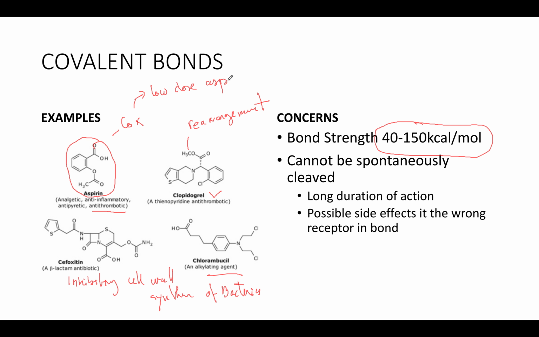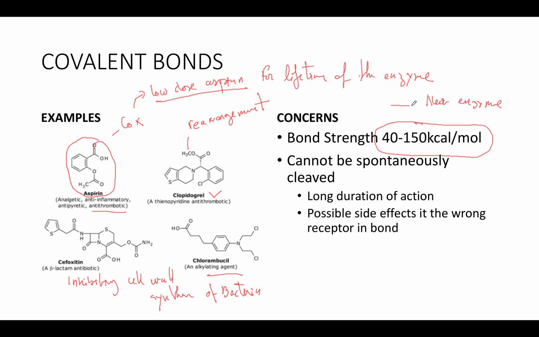Okay, so it's going to bind irreversibly to that COX enzyme for the lifetime of the enzyme. So, in order to reverse the effect of aspirin, you're going to have to wait for new enzyme to be made.